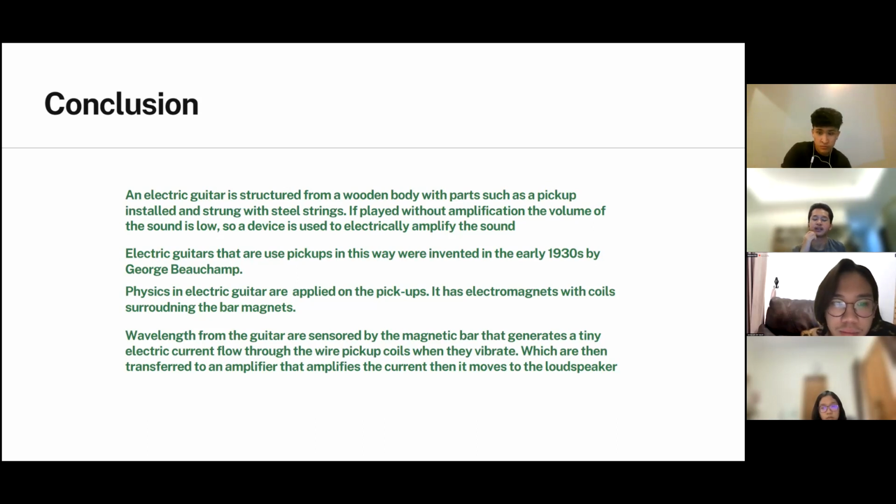The electric guitar was invented in the early 1930s by George Beauchamp, and the physics in the electric guitar is applied in the pickups, especially in the bar magnets with coils surrounding the magnets. And the last one is that the vibrating strings, magnetized by the bar magnet, generate a tiny current according to Lenz's law through the wire pickup coils, which is then transferred to an amplifier that amplifies the current. Then it moves to the loudspeaker. Next slide, please.